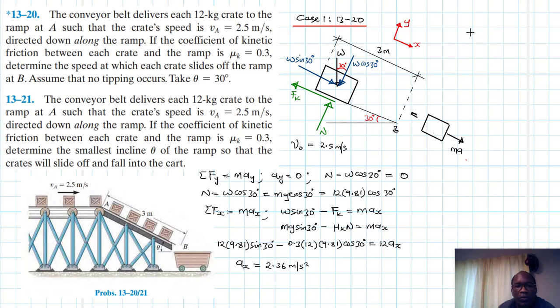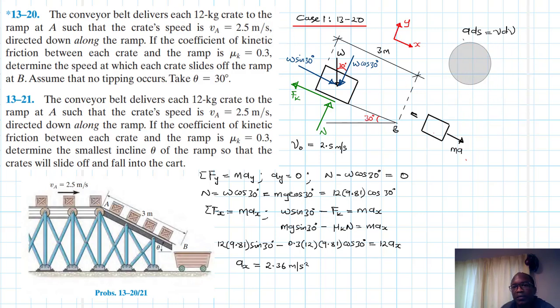What are we going to use? We have distance and velocity, so I'm going to use a ds equal to v dv. You know where this is coming from? This comes from v equal to ds/dt and a equal to dv/dt. Making dt the subject of the formula, you can arrive at that.